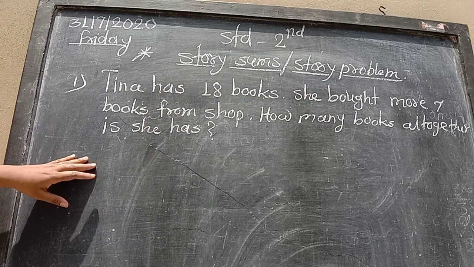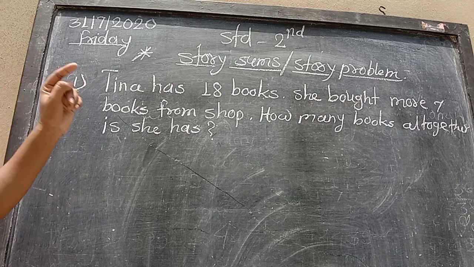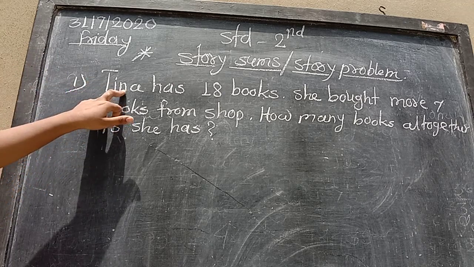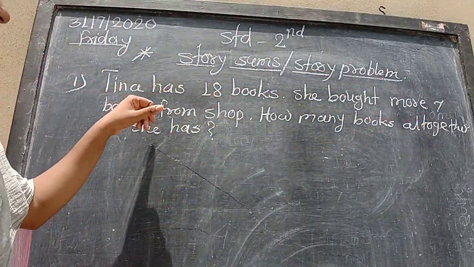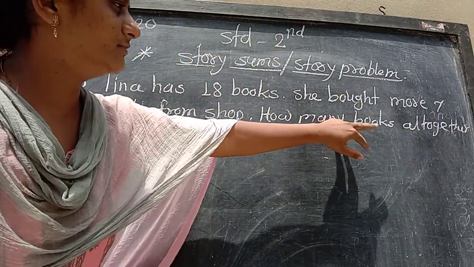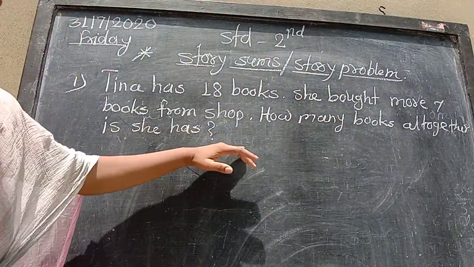Okay, is it clear? Attention, I read it again. Tina has 18 books. She bought 7 more books from the shop. How many books altogether does she have?